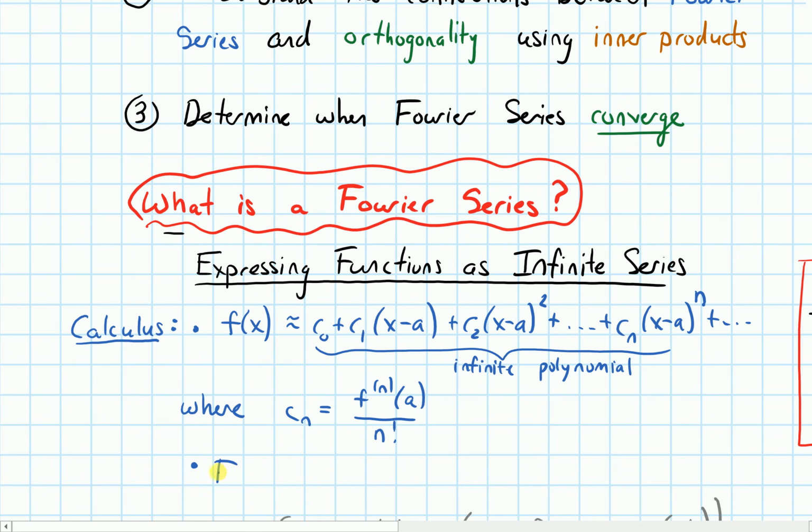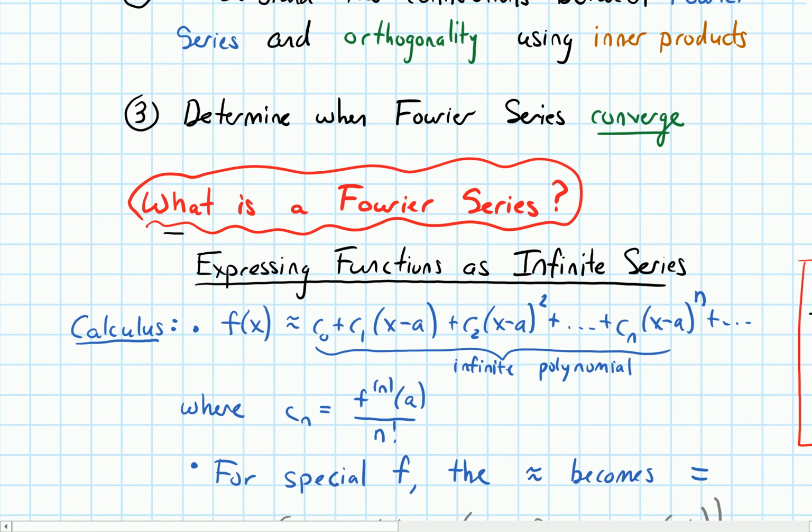And for certain functions, the approximately equal to becomes exactly equal to. So more formally, we say that there are some functions for which this series converges to that function.